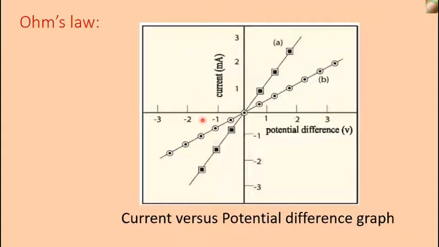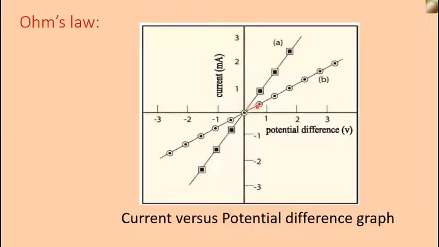This is a current versus potential difference graph. In this graph, we can see in the x-axis potential difference is given, and in the y-axis current in milliampere is given.